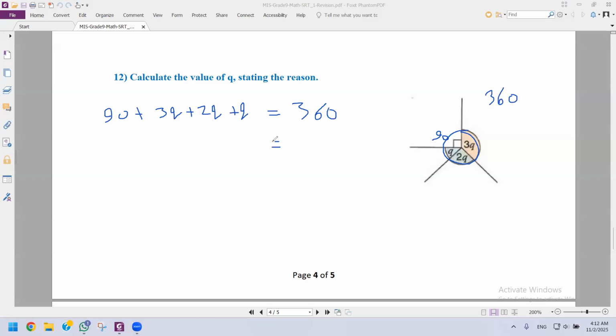Take 90 there, it will be 270. Simplify this. 3q plus 2q, 5q plus q, 6q. Now to find the q, we divide by 6. So 270 divided by 6 is equal to 45. If you don't know how to find the calculation, do it as a long division. 45. And this is the value of q.